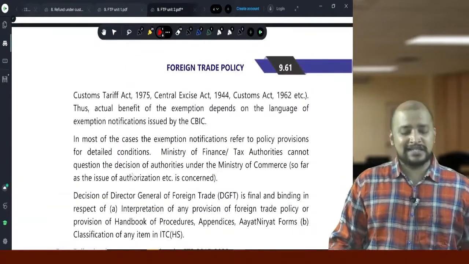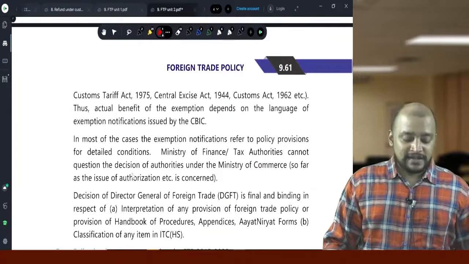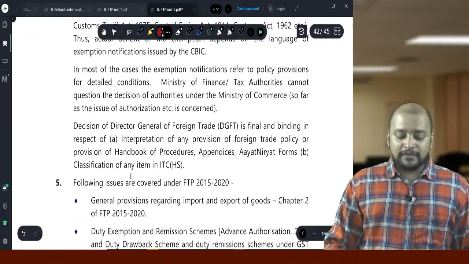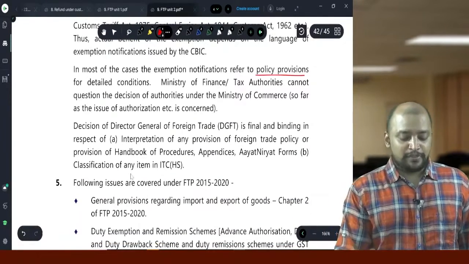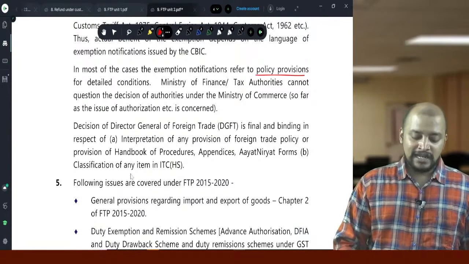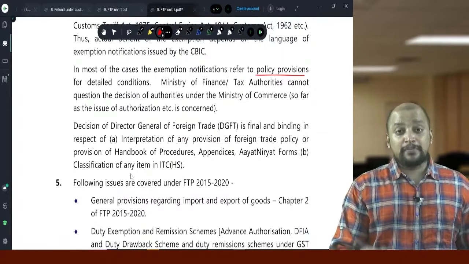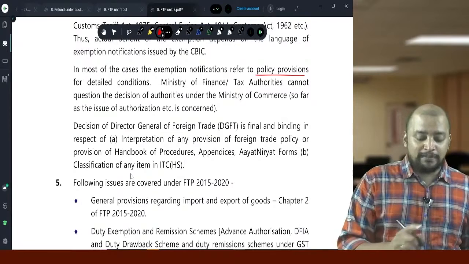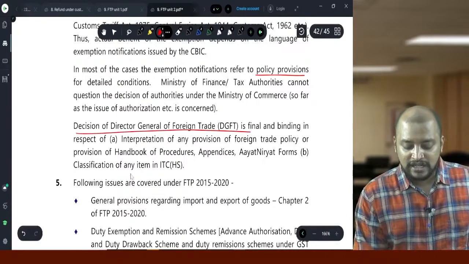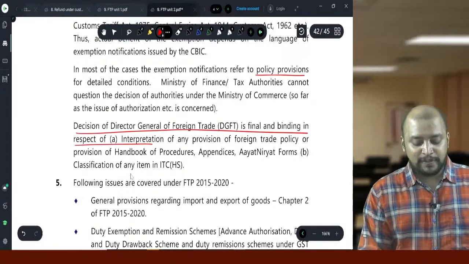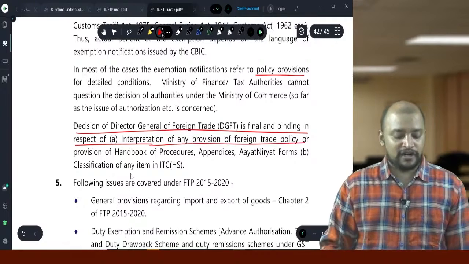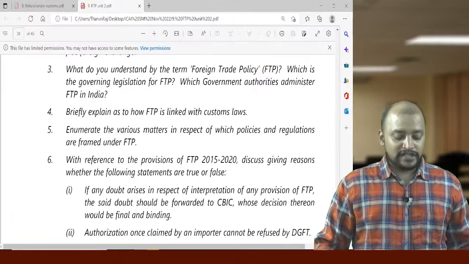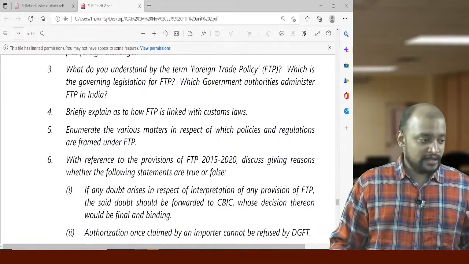Okay, that is the Customs and Customs Tariff Act. So exemption notifications refer to policy provisions for detailed conditions, and DGFT, suppose if there is any conflict, who is final and binding? DGFT. The decision of DGFT is final and binding in respect of interpretation of any provision of foreign trade policy. So these are the points that you need to write for this.